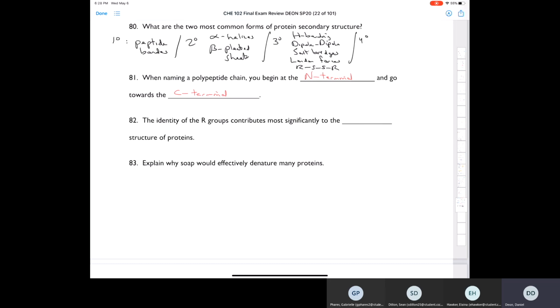Alpha helices and beta pleated sheets, those are due to hydrogen bonding from the amide bonds, but tertiary structure and quaternary structure is going to be a result of the effect that the R groups have on one another. So I'm looking at my answers, and I wrote tertiary. If you wrote quaternary, that would be okay with me too. So either one is fine. We'll put tertiary or quaternary. There we go.